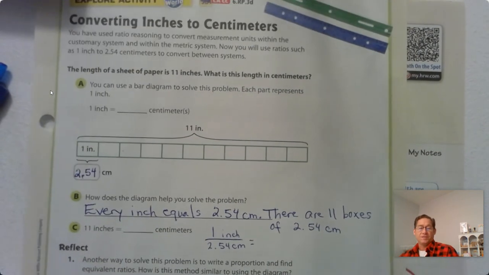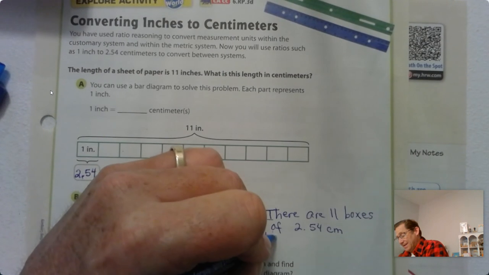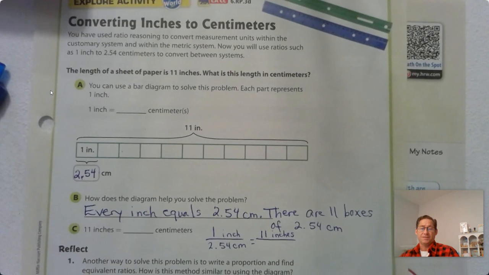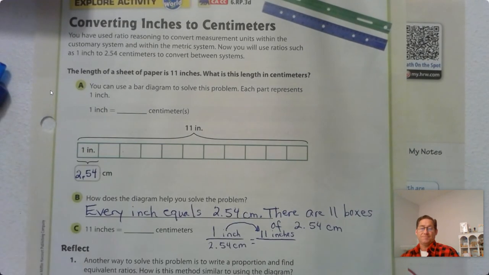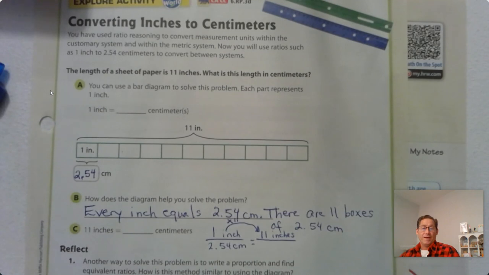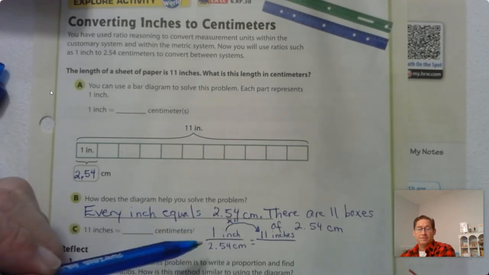Okay, so we know 1 inch is 2.54 centimeters, and we need to go to 11 inches. And how much is 11 inches in centimeters? Well, how do you go from 1 to 11? We're multiplying by 11. And we know that whatever I do to the numerator, I have to also do to the denominator.